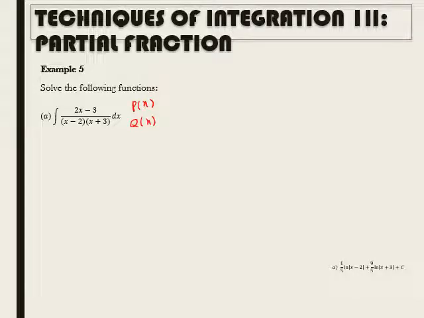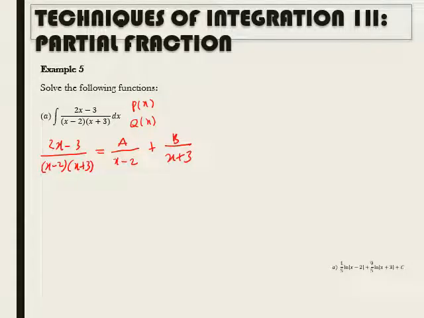We can write (2x - 3) over (x - 2)(x + 3). This is a linear factor, because the power is 1, so A over (x - 2) plus B over (x + 3). That's the partial fraction that we want.